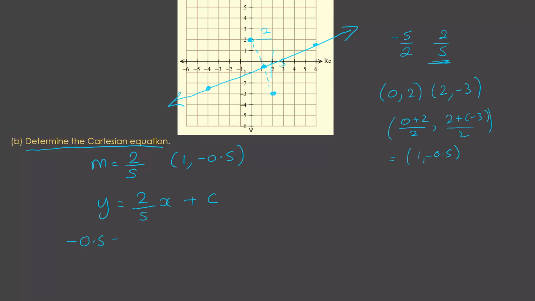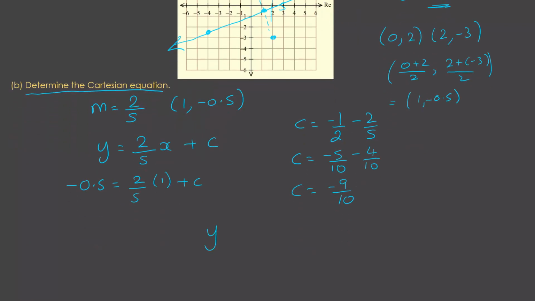Using the point, −0.5 = 2/5 × 1 + c, which means that c is going to be −1/2 take away 2/5. So that's −5/10 take away 4/10, which is −9/10. So we've got y = 2/5 x − 9/10.